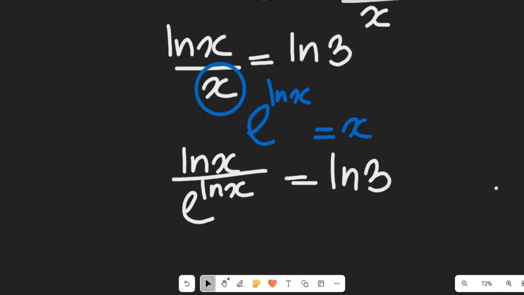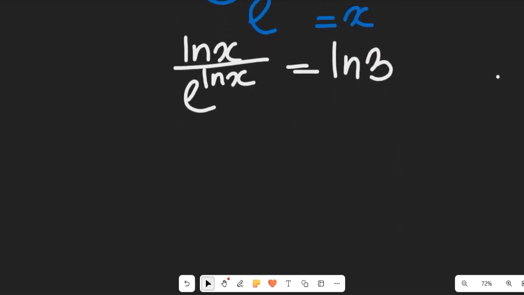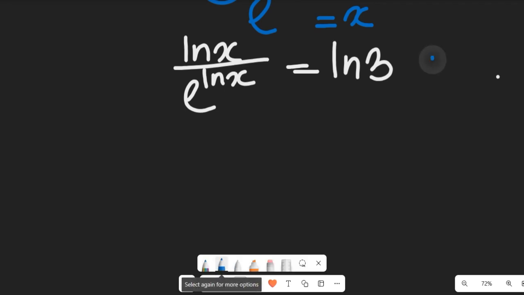Now in the next step, I'll simplify further. All I will need to do is to break out the expression. I want you to recall that if you have 1 divided by a to the power of x, this can simply be equal to a to the power of negative x, right?